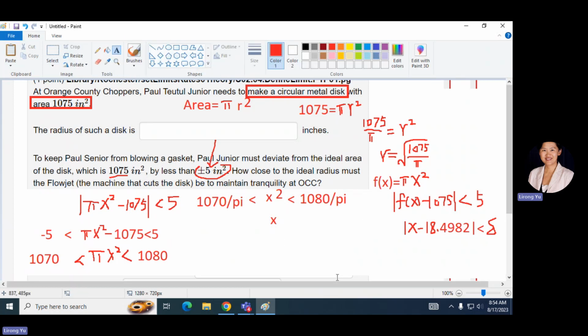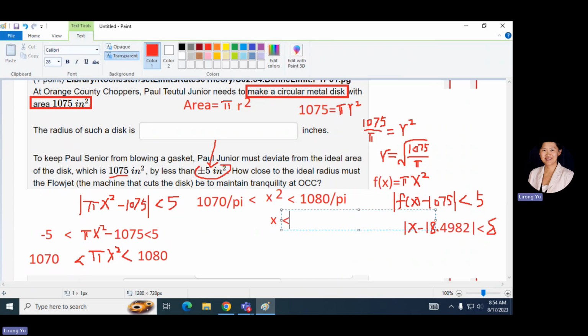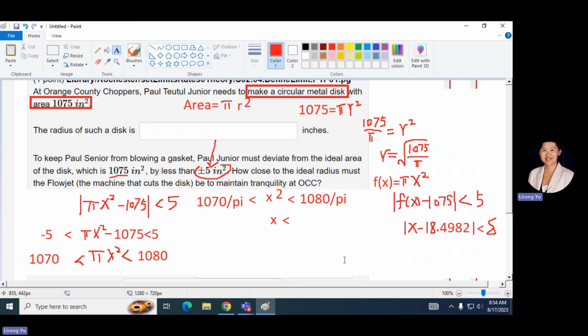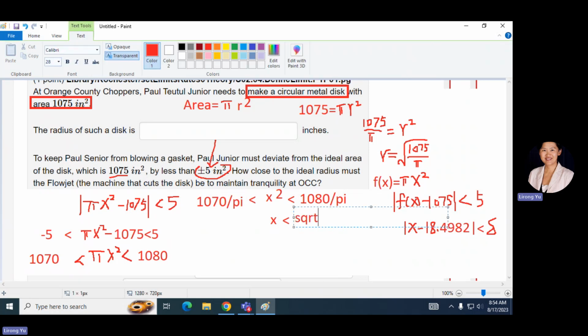Eventually we want to have the boundary of x minus 18.492. But first, you're going to have x by itself. So x is less than... You can see we end up having something very similar to what happened here, r equal to the square root of this over pi. But now we want to get rid of the square, so it's a square root. So the square root of 1080 over pi is how you calculate that side.